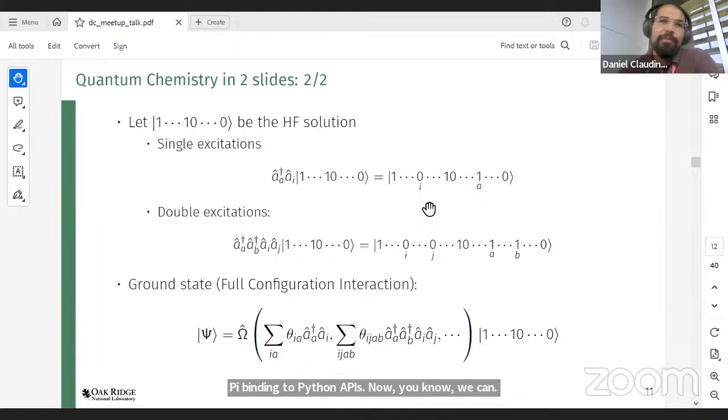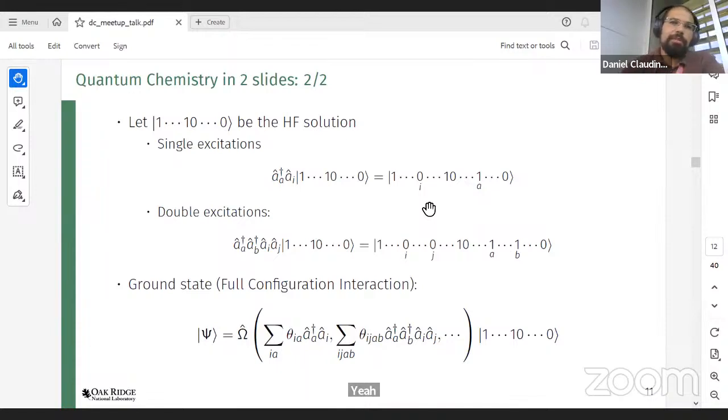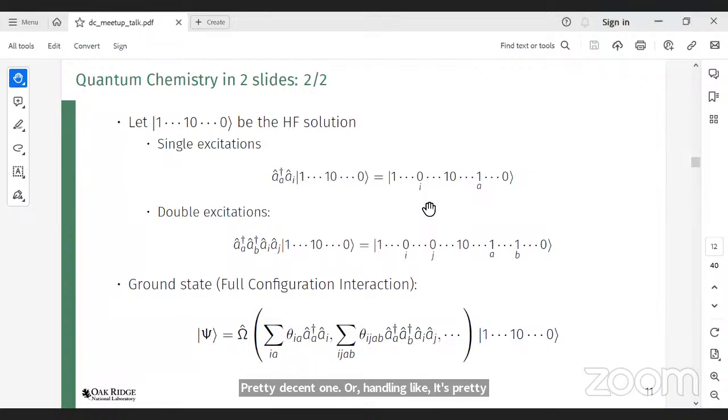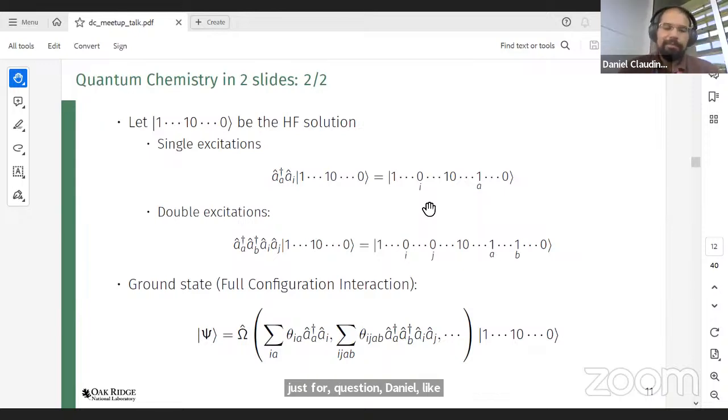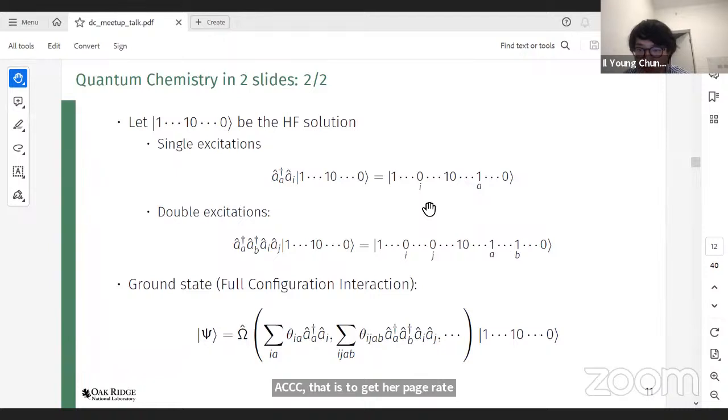I would say OpenFermion from Google is also a pretty decent one for handling fermionic Hamiltonians. It's pretty straightforward as well. Okay, great, thanks. You're welcome. Just to follow up, Daniel, the Eclipse XACC, that is the GitHub page, right? Yes, correct. Okay, sounds good. I just wanted to confirm that because somebody else posted.